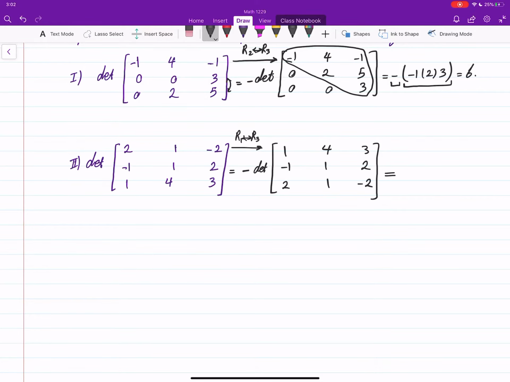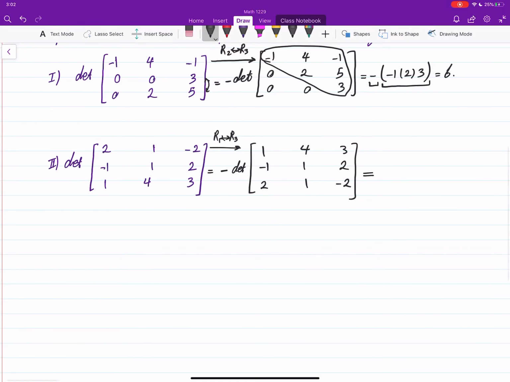The second step is that, okay, now we want to get rid of this one, this one. What kind of operations do we need? Well, for the first one, we need to add row 1 to row 2. For the second one, we need to do row 3 minus 2 row 1. So this way we get 0 here, 5 here, 5 here. And this will be 2 minus 2 times 1 is 0. 2 minus 2 times 4 is negative 8.